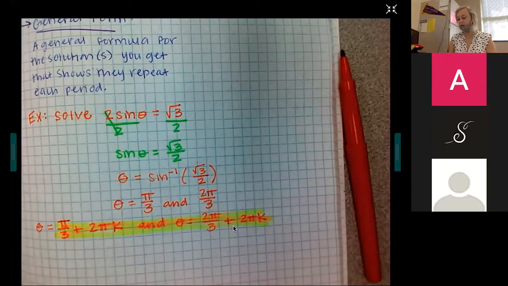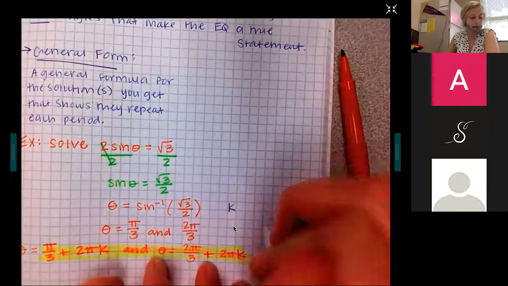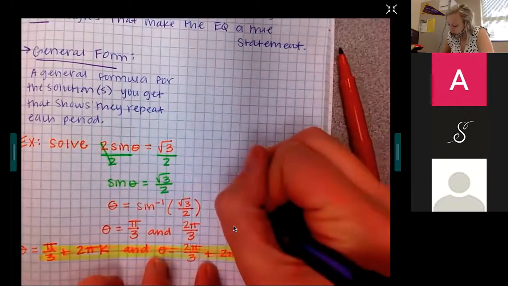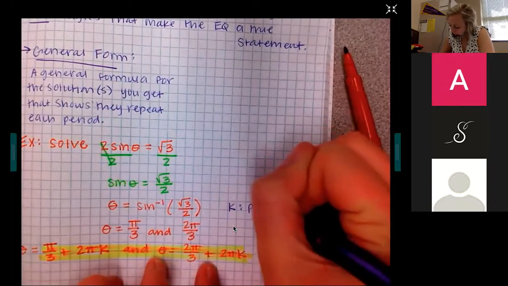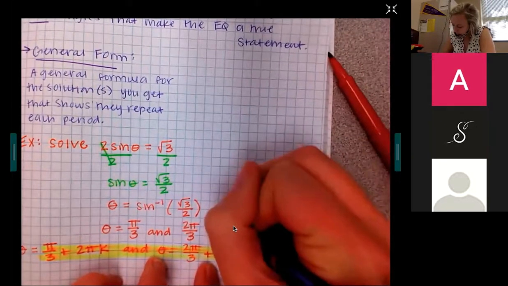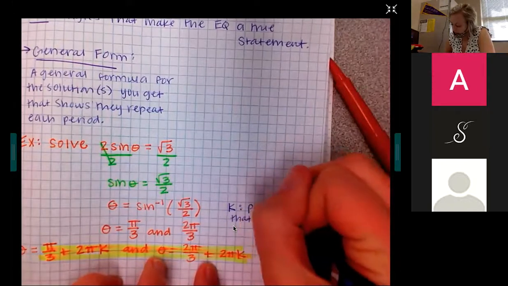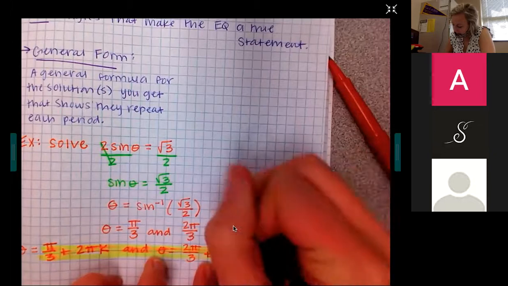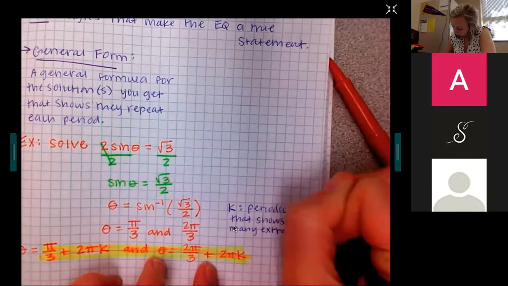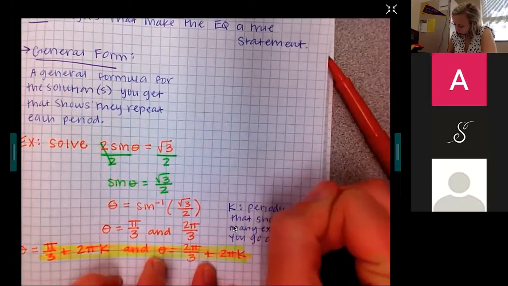Yes. All right. So let's write down what K is really quick. And then that's all the notes I have, y'all. We're just going to do some examples, make sure you're good. So K is a periodic integer that shows how many extra times you go around the unit circle.